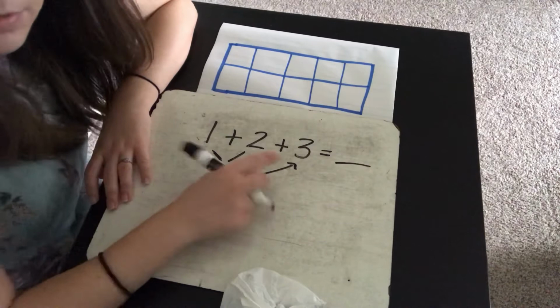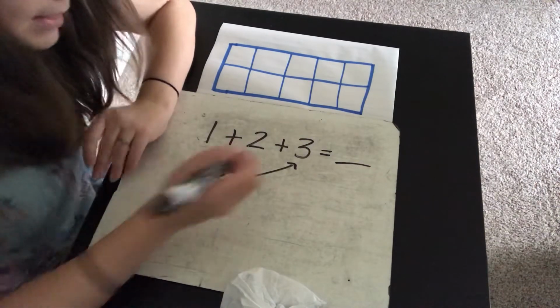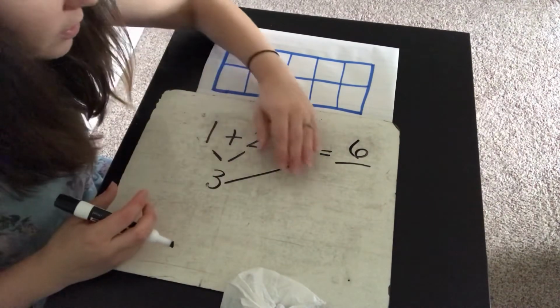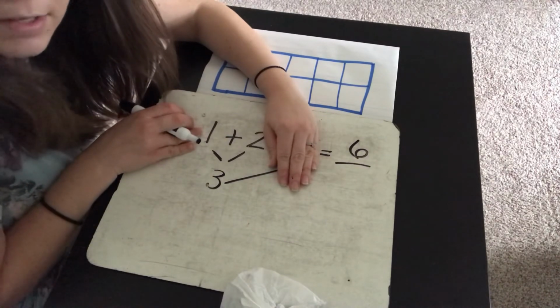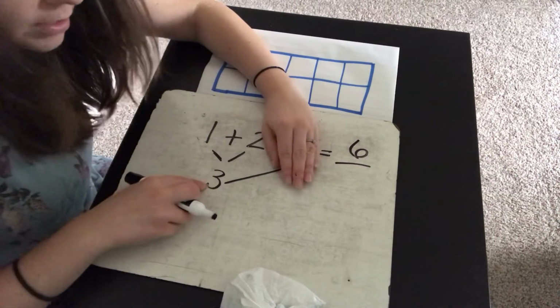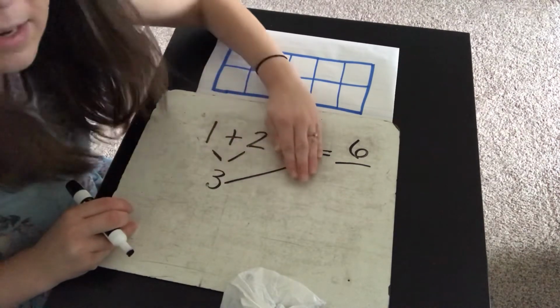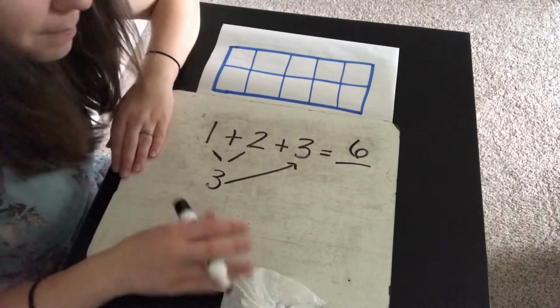What is 3 plus 3? 3 plus 3 is 6. Okay, so we figured out the answer by looking at 2 of the add-ins first, and then getting their answer and adding the answer to the other add-in.